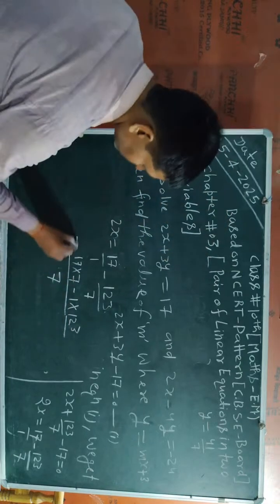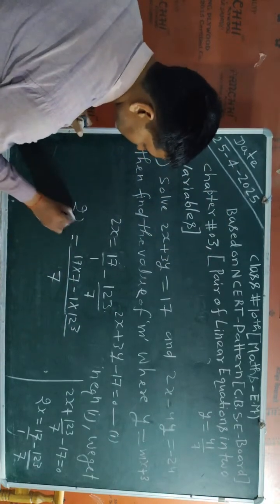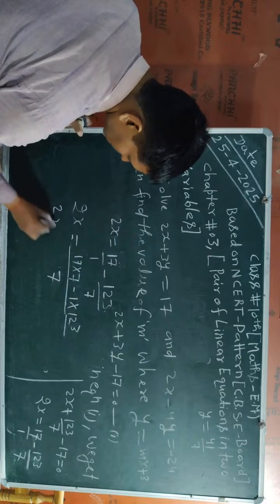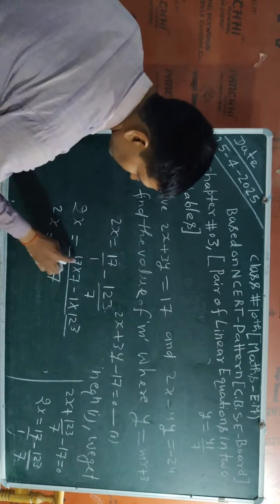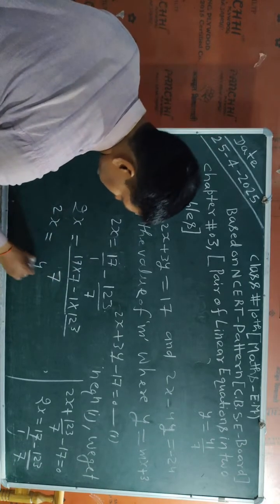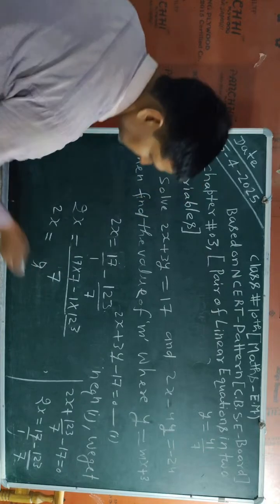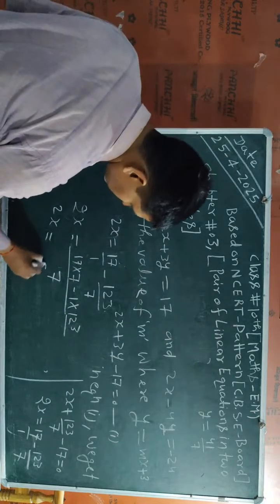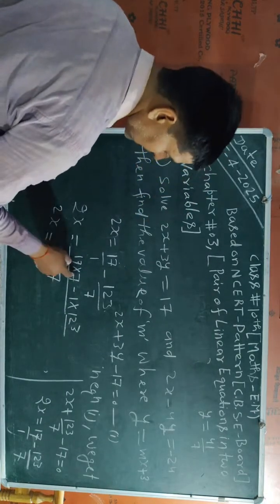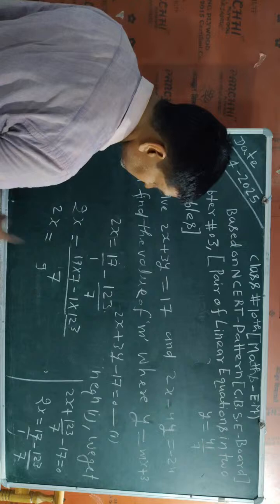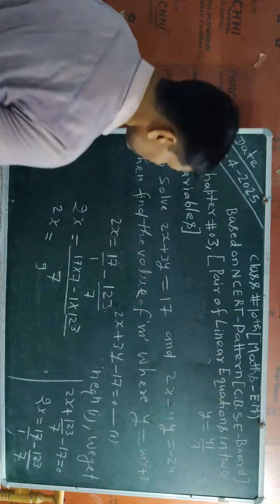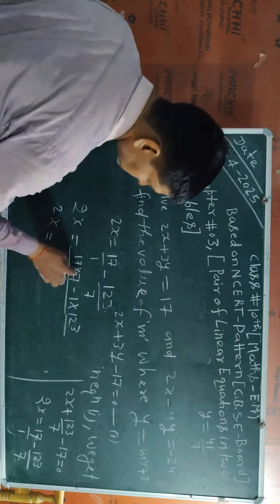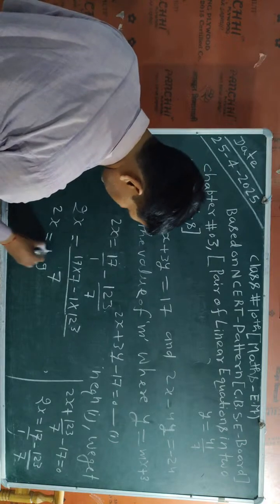So I will simplify it, and here on the left hand side I will put 2x, which is equal to 7 into 17, that is 119.